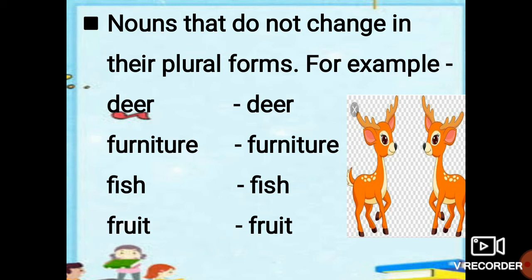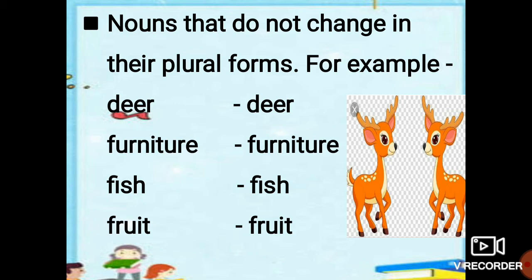Next, nouns that do not change in their plural forms. For example, deer remains deer, furniture remains furniture, fish remains fish, fruit remains fruit.